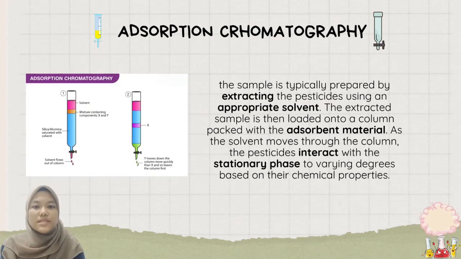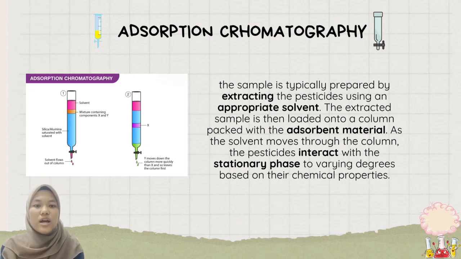To detect pesticide in a food sample using adsorption chromatography, the sample is typically prepared by extracting the pesticide using an appropriate solvent. The extracted sample is then loaded onto a column packed with the adsorbent material. As the solvent moves through the column, the pesticides interact with the stationary phase to varying degrees based on their chemical properties.